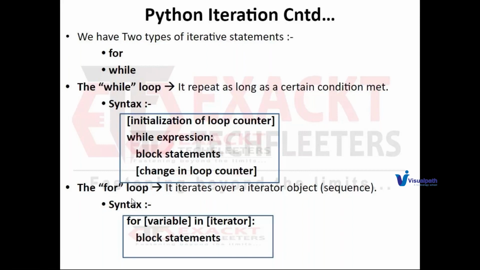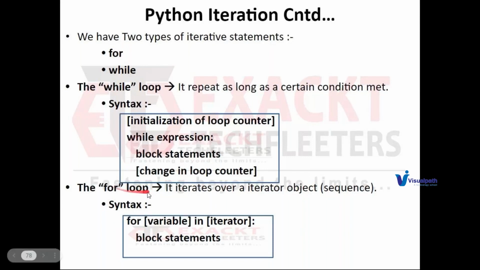Iterator objects are the list, tuple or dictionary. The objects or variables which contain multiple values are called iterator objects. So 95, 96% of the time you will just be taking out data from your iterator objects. For that, you can use either the while loop or the for loop.